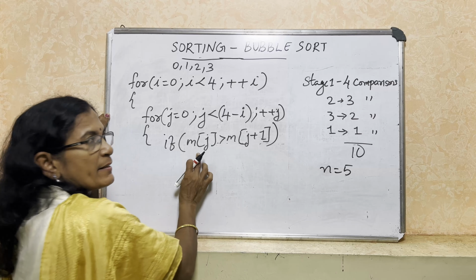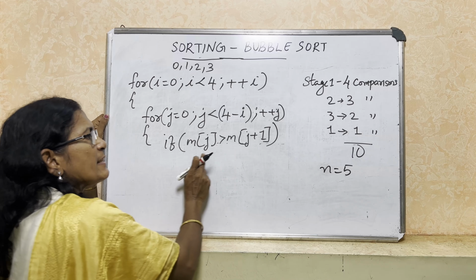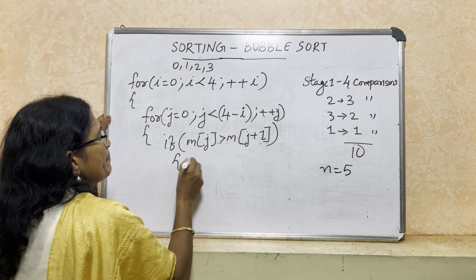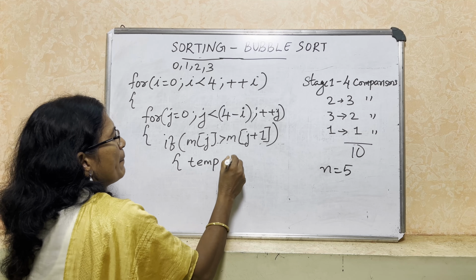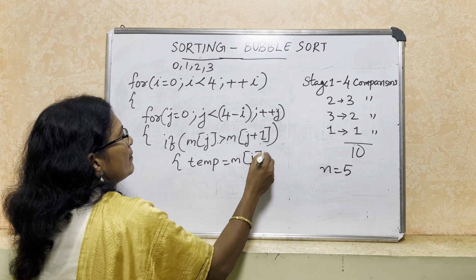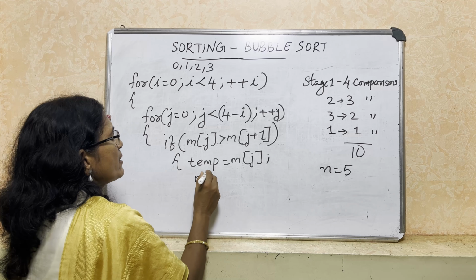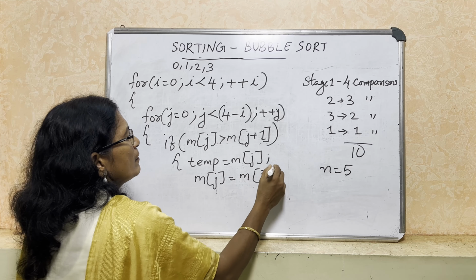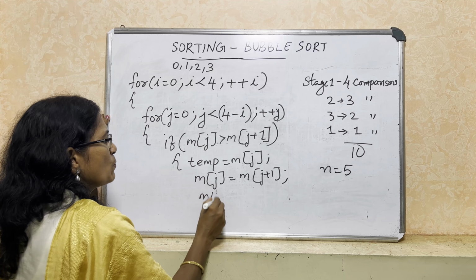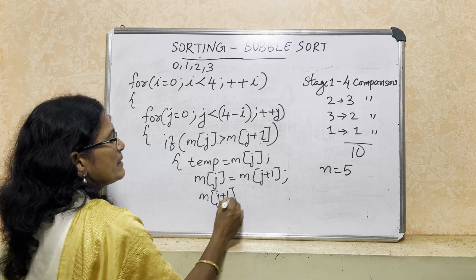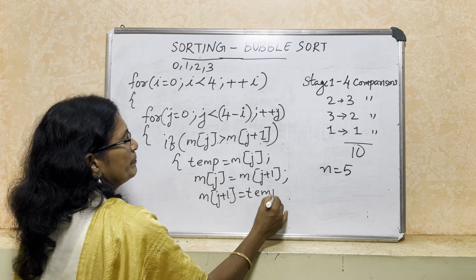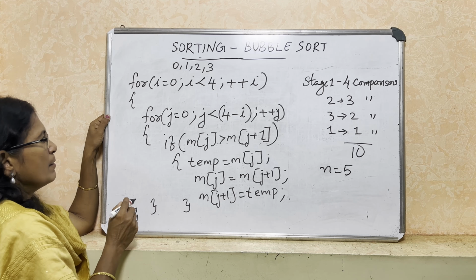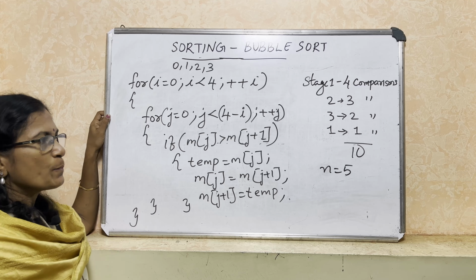If the element at index number 0 is greater than the element at index number 1, interchange them. Temp is equal to m of j. m of j is equal to m of j plus 1. m of j plus 1 is equal to temp. Inner loop is closed, outer loop is closed.